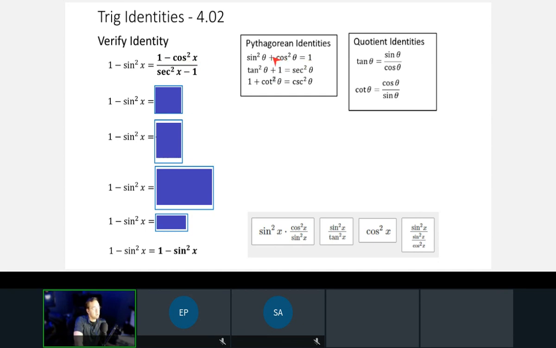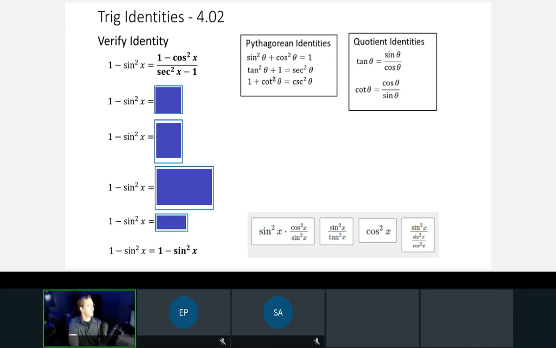You are allowed to manipulate any of these identities to make it match. I can subtract cosine squared from both sides of this top line to make it 1 minus cosine squared of theta equals sine squared theta. So that means this top becomes sine squared theta based on this first identity, the first line.